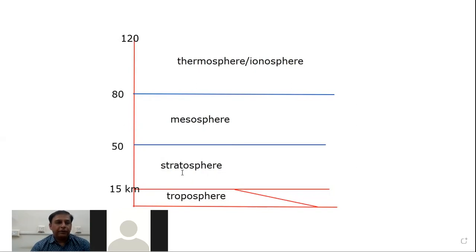So now the troposphere starts and ends at 15 to 18 kilometers of height. From this area, we are going to construct this area. You can see this is a temperature line. Okay, should I draw the temperature line as well? Okay, I am drawing.